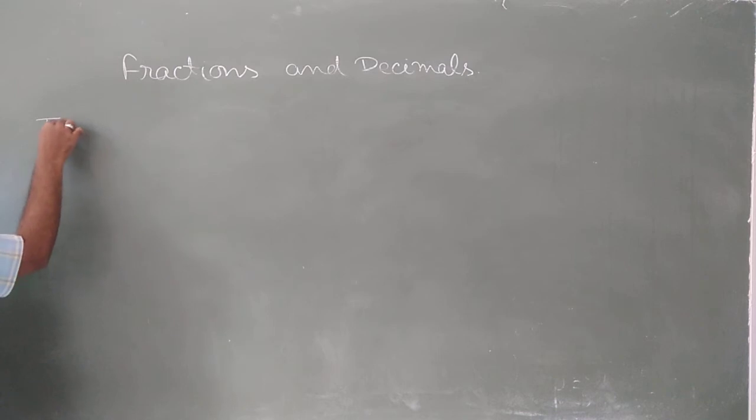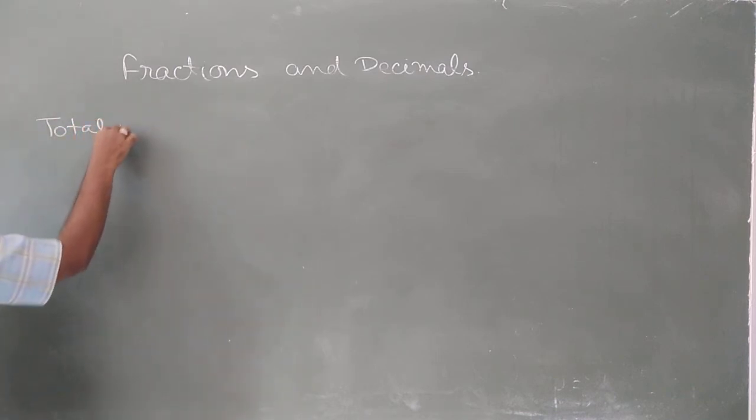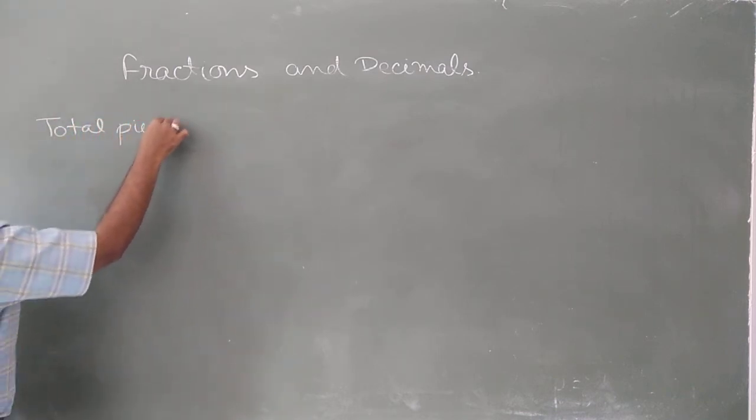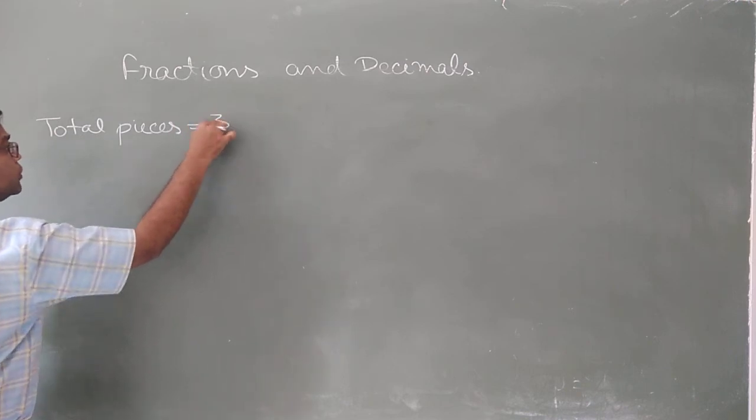Kiran needed 3 pieces of red wool. So what is given? Total pieces equals 3.